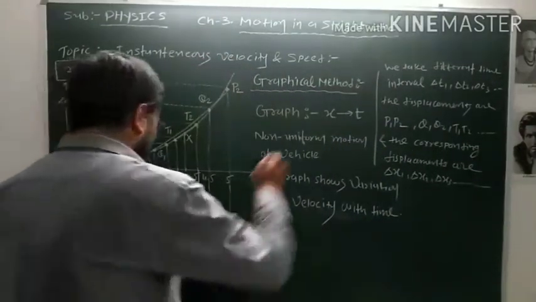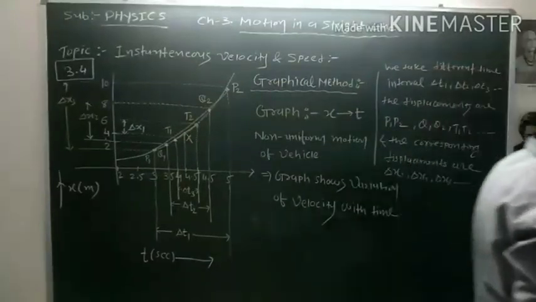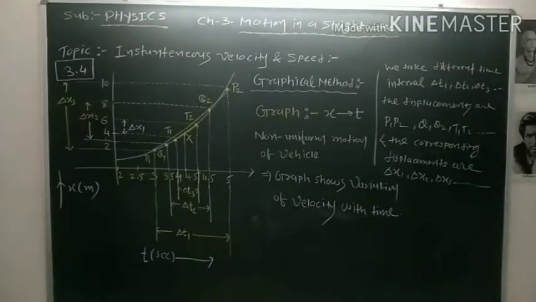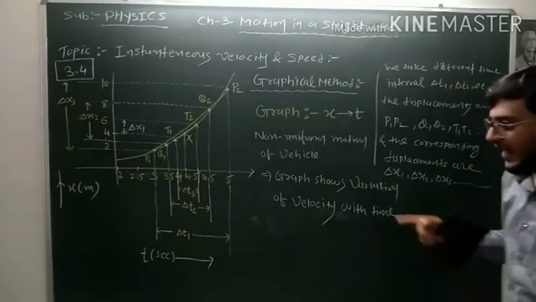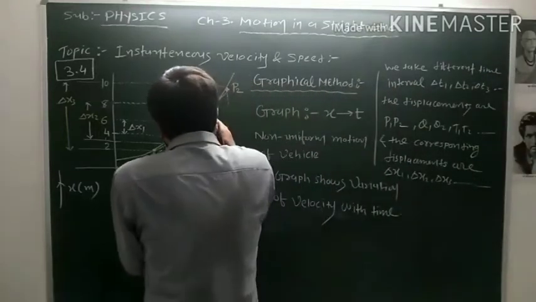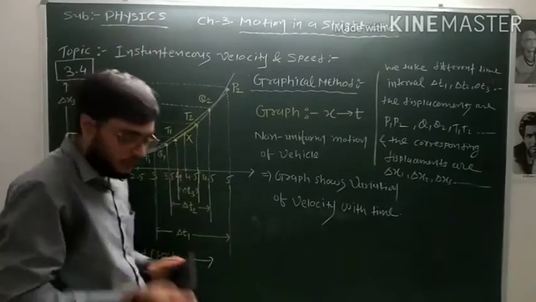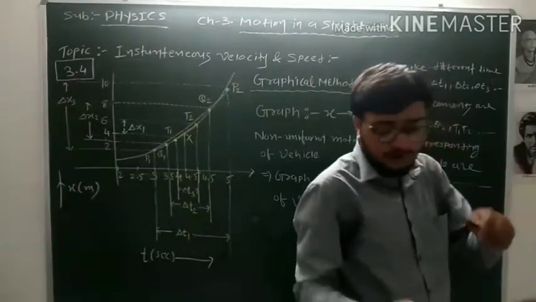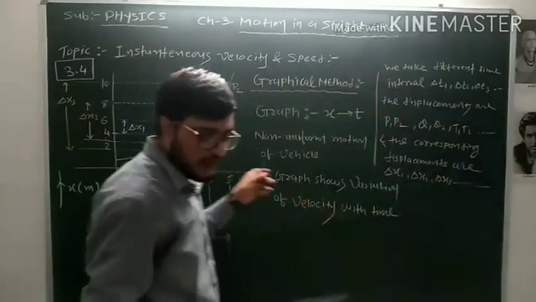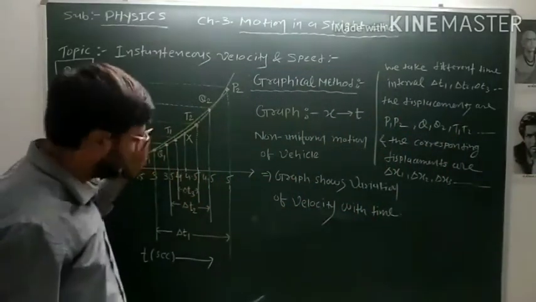In all these time intervals, the average velocities are very near to each other at t equals 4 seconds. In all these time intervals, the average velocity comes nearer to some exact value.